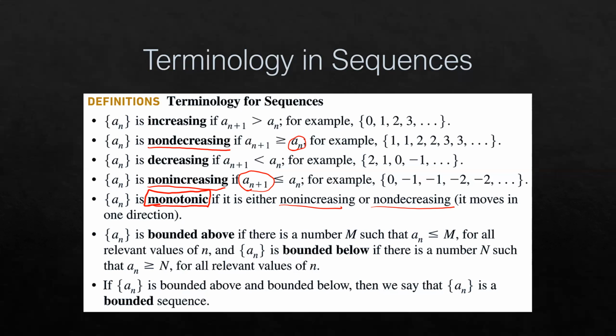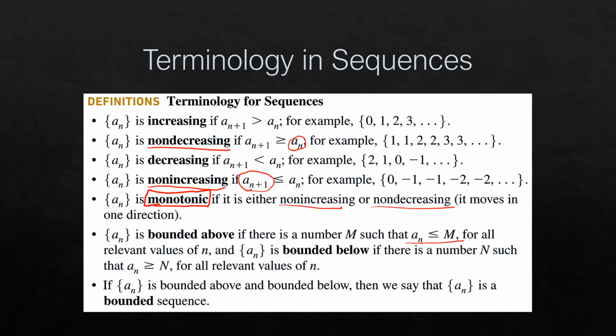And then another definition that we want to look at is bounded. What's the word bounded? Well, you can guess it. It would be the maximum or the minimum, right? It's bounded above if there's a number M such that all of your sequence terms, no matter how far out you go, are always less than or equal to M. That tells you that your sequence is bounded above, right?